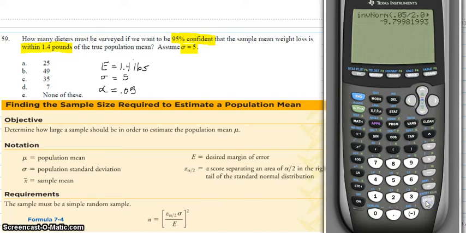We get an answer right now of negative 9.79981993. That's not our total answer because we now need to divide that by E. Let's look at our formula over here. Divide that by E. So we're going to divide by E, which is 1.4. But before I do that, I'm going to write down what N is equaling.